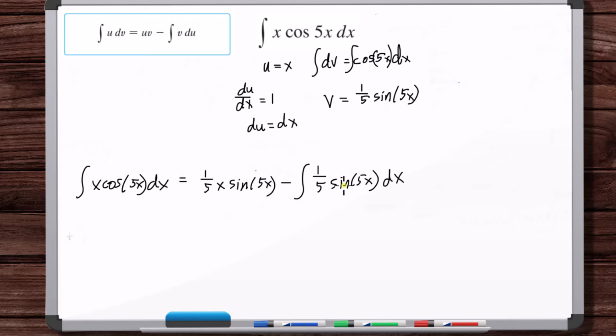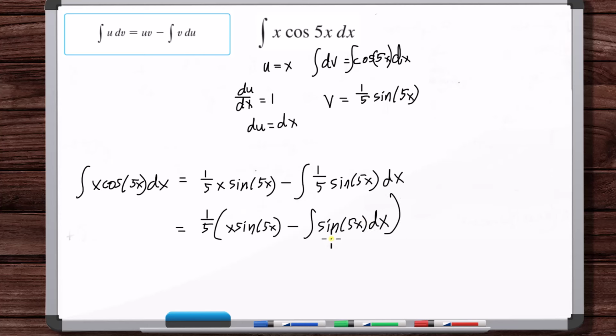See? This is a simpler integral than what we started with. What is this integral? We can factor out a 1/5, and we get x sine 5x minus the integral of sine 5x dx.